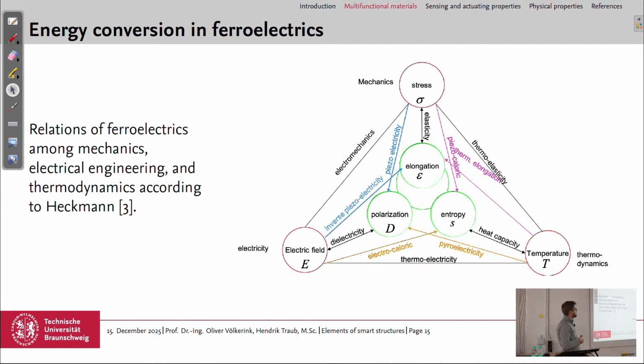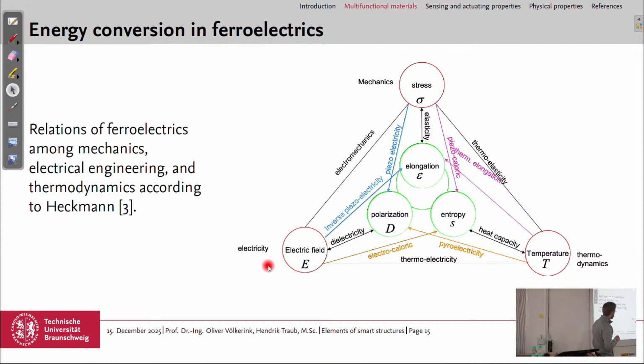So coming back to energy conversion in ferroelectrics, we have different relations of ferroelectrics among mechanics, electrical, and thermodynamics. And this figure is from Heckmann. I don't know if you can really read it from behind, but I will go through it. So we have here mechanics characterized by the stress sigma.